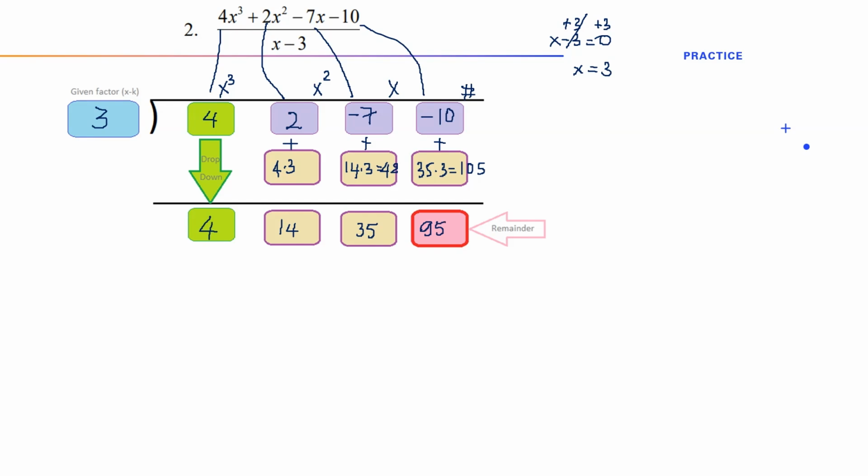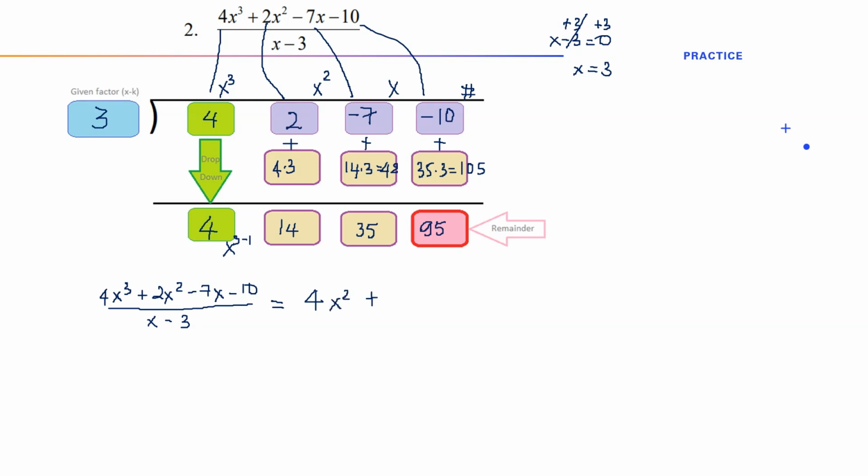Now we write the answer. 4x cubed plus 2x squared minus 7x minus 10. We should rewrite the questions. So x minus 3, that is equal to the first one is 4, right? Now, that is the column of x cubed, so this one will be x cubed minus 1, that's x squared.